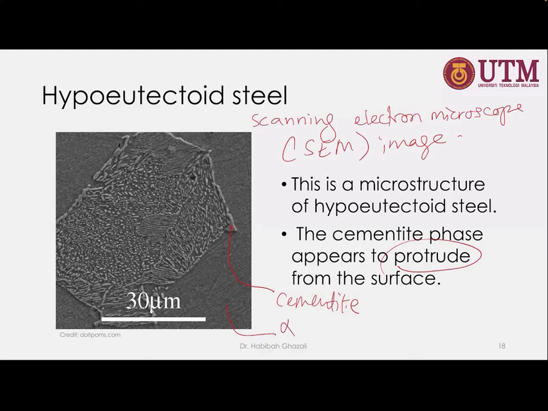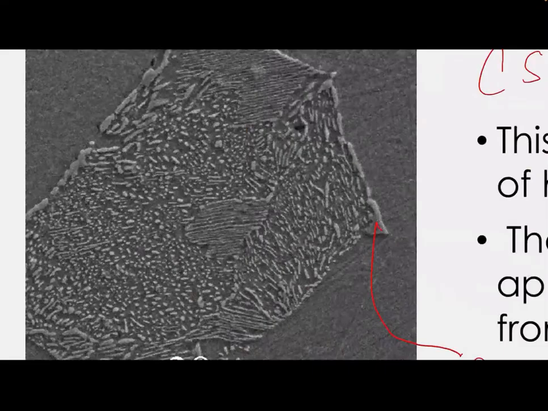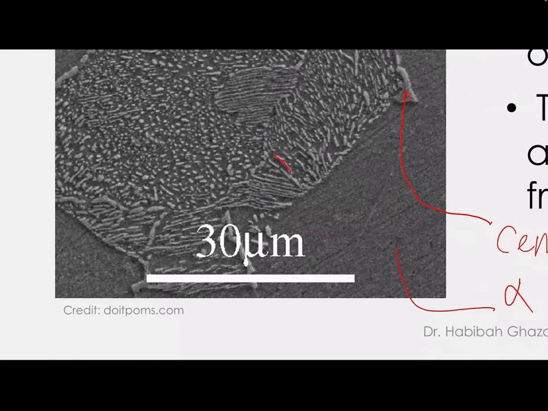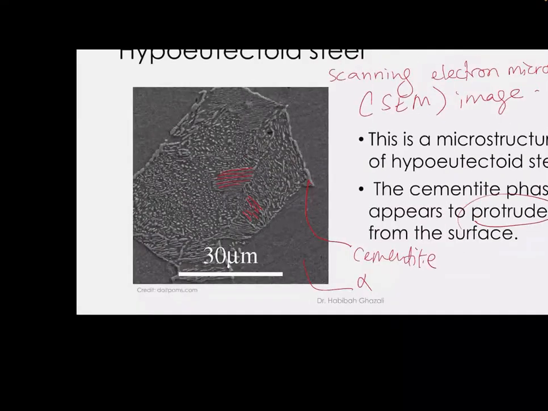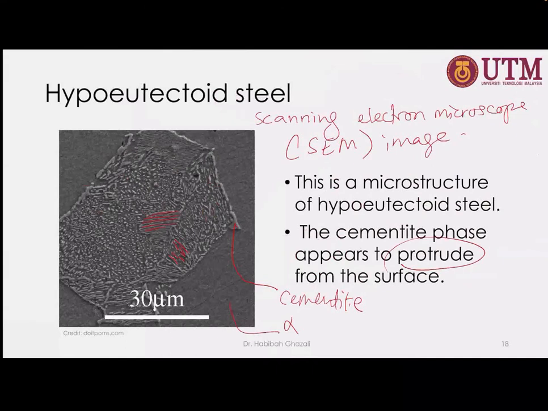So if you look at this structure, this is cementite, a layer of cementite. The cementite that protrudes from the surface is hard. Why does it protrude?